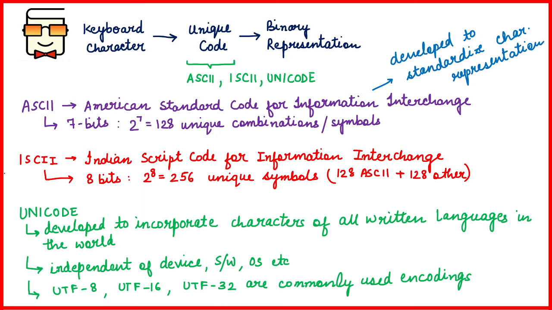Okay, so what is ASCII? You must know the full form. It was developed so as to standardize character representation in computers, but it did not consider standardization across different languages spoken worldwide.